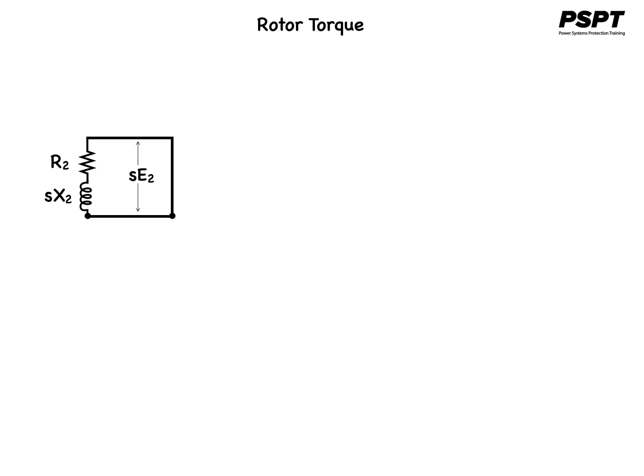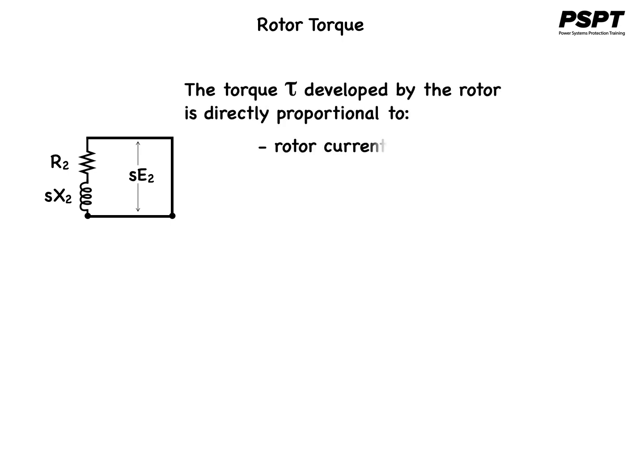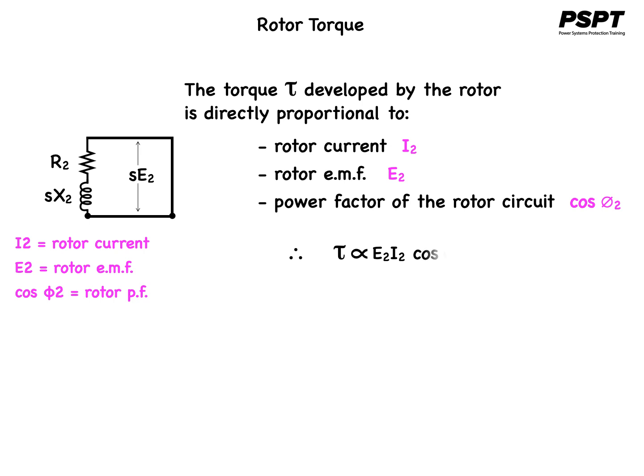Let's have a look now at the rotor torque. The torque tau developed by the rotor is directly proportional to the rotor current I2, the rotor EMF E2, and the power factor of the rotor circuit cos phi 2.